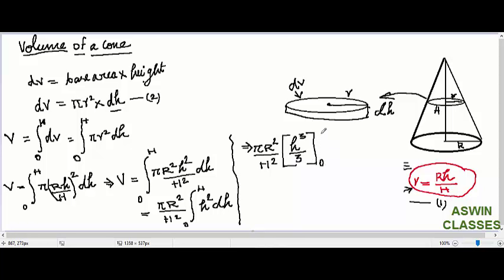The lower limit is 0 and the upper limit is, it's not r, it's actually capital H.